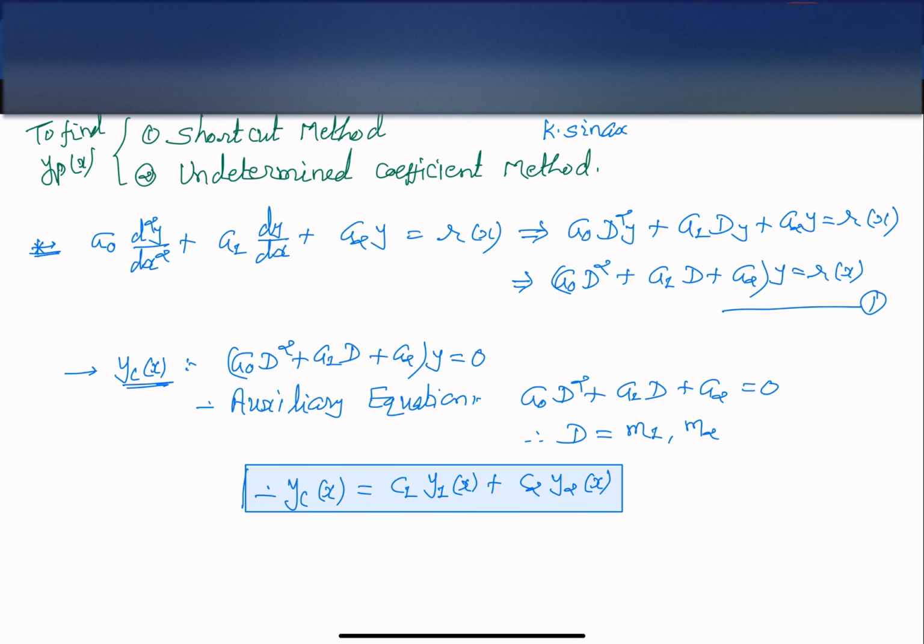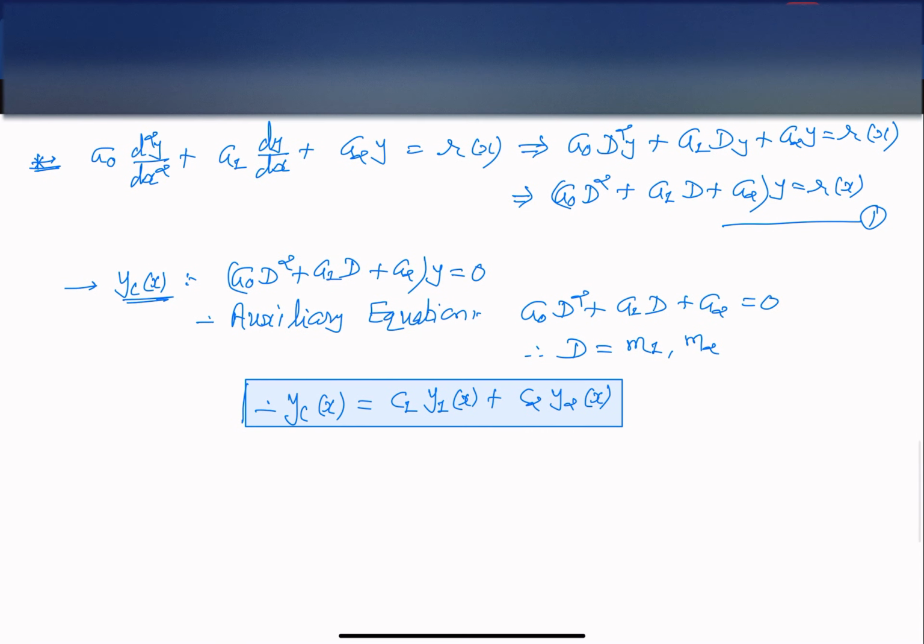Right. Now in the second step, we proceed to find yp(x). To find yp(x), first I find the Wronskian. This is a new term for you.